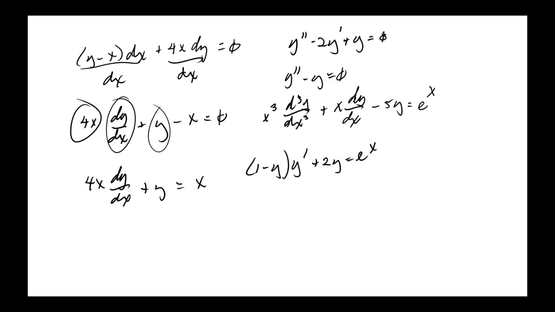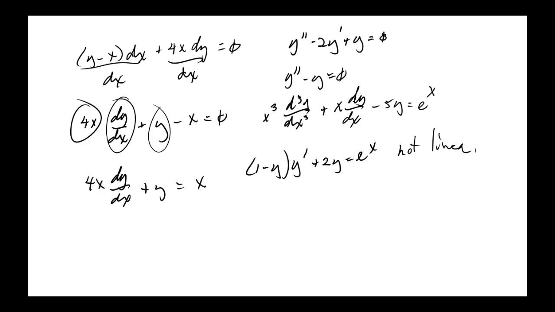If that had been just a minus y prime, then you could divide by y. However, then your term out here would have been e to the x divided by y, and that would have been an exponent of 1. That would have been an exponent of minus 1. So no, not linear. Okay? Sometimes you can do some manipulation with it and make them linear. This one you cannot.